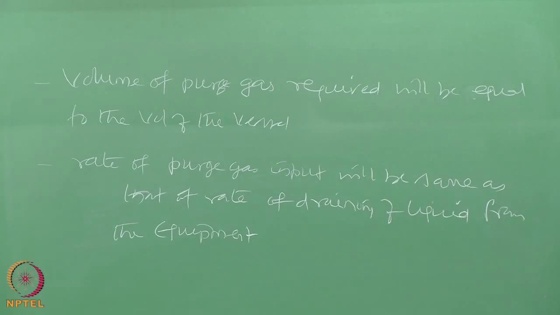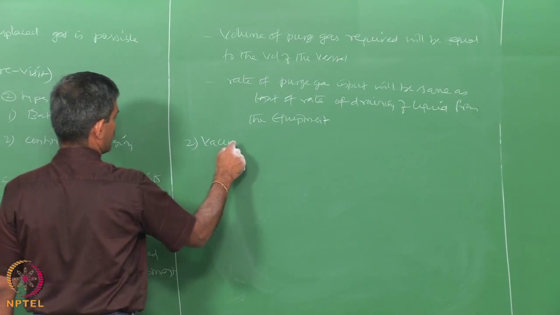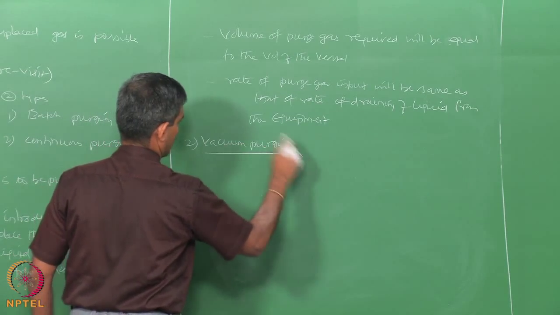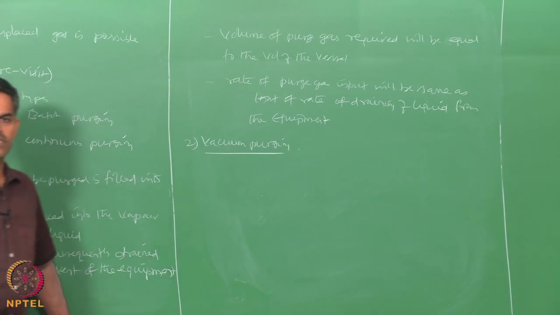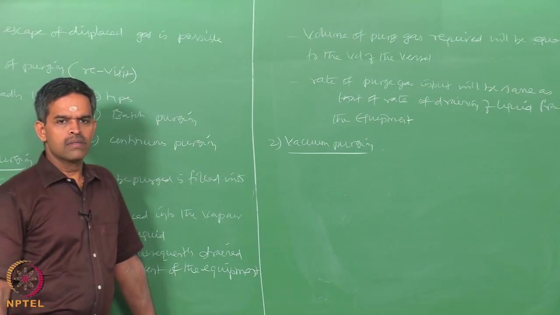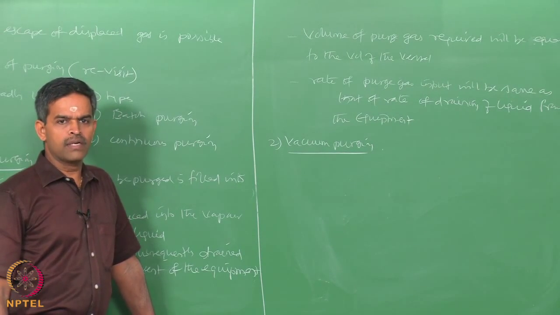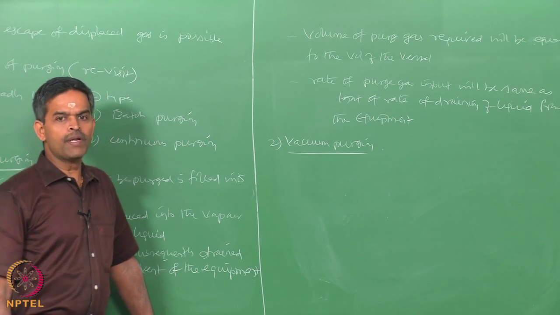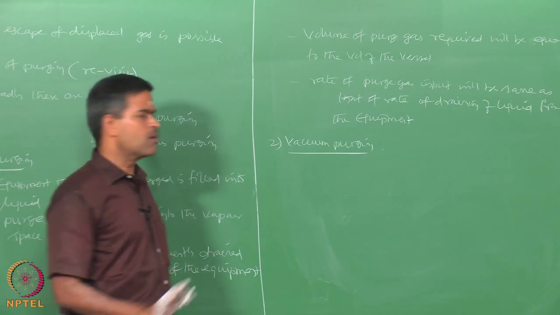Okay. The next is vacuum purging. In this method, equipment that normally operates at reduced pressure, or equipment which is capable of operating at reduced pressure, is purged using vacuum purging.